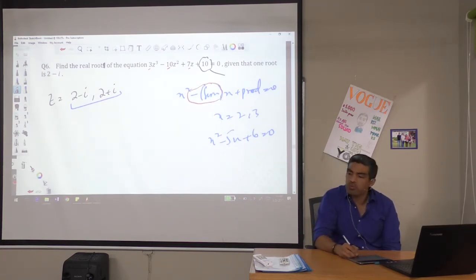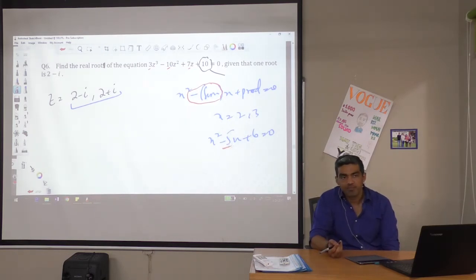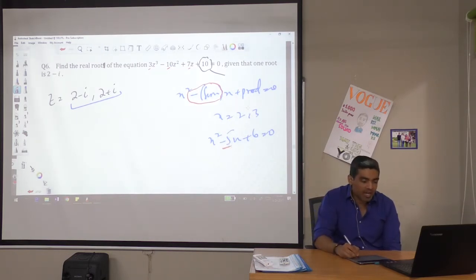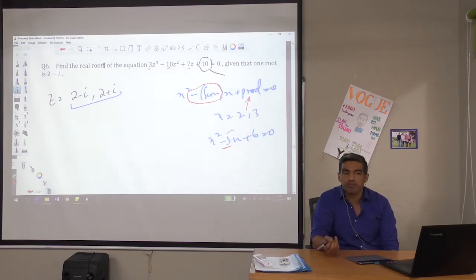The sum of these two roots is 5, so the coefficient of x has to be minus 5. And the last constant has to be the product of the two roots, which is 6. So the equation has to be x squared minus 5x plus 6. This is a core property of polynomials.